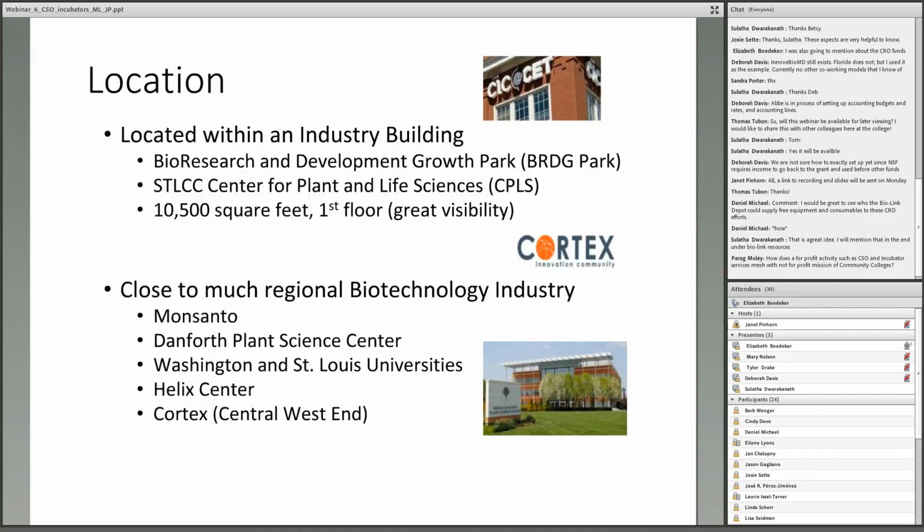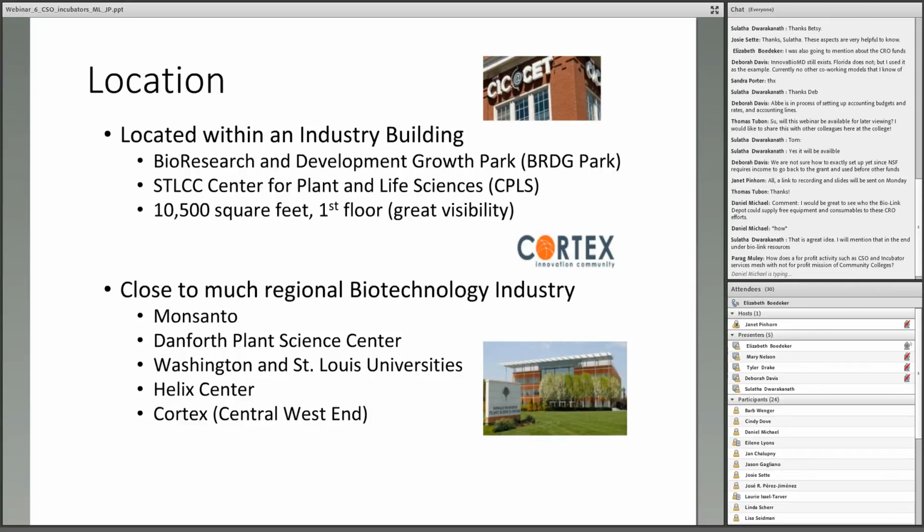In this industry building, we are about half of the first floor, which gives us great visibility for people coming in and out of the building. They can't come in an entrance without seeing some St. Louis Community College signs. But it also allows us to make great connections, which I think is really important. We've got a lot of companies in the building with us.